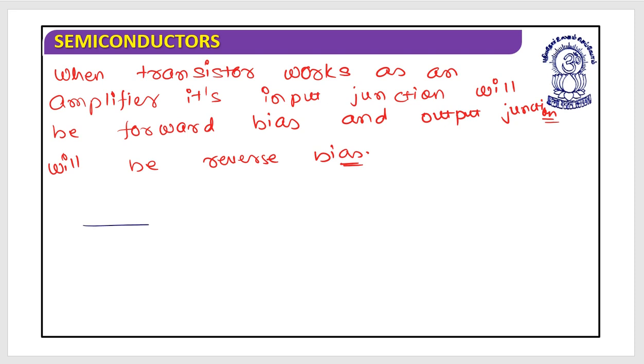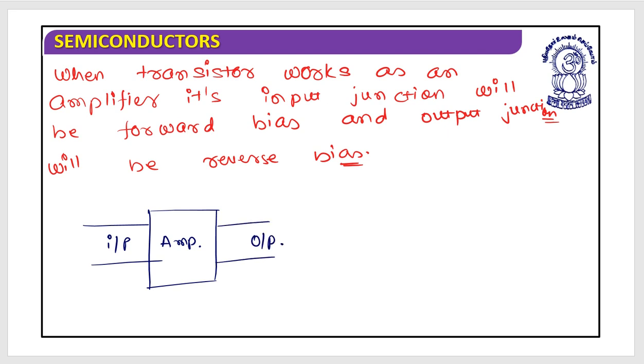So the situation would be that this is the input, this is the amplifier, and this is the output. When I say this is the input, this is in forward bias. So V equals I into R. This is RF, the forward bias resistance, and this is the reverse bias resistance.